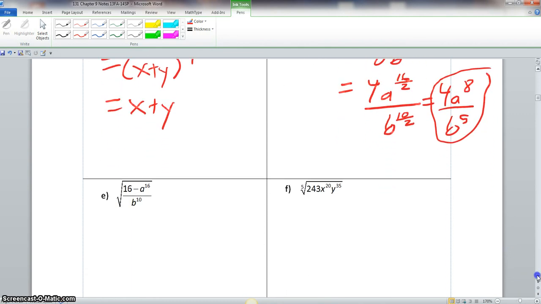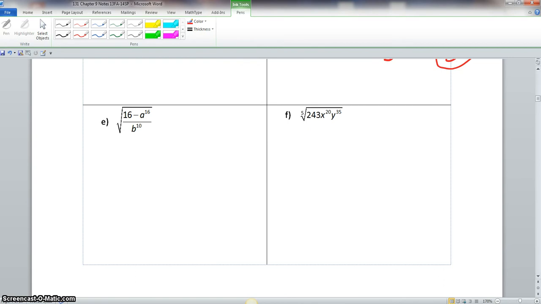Now we scroll down here to E. Now we have the square root of 16 minus a to the 16th all over b to the 10th. Now we can separate that: the square root of 16 minus a to the 16th all over the square root of b to the 10th. First of all, we know that this is the difference of two squares, but it really doesn't matter here.